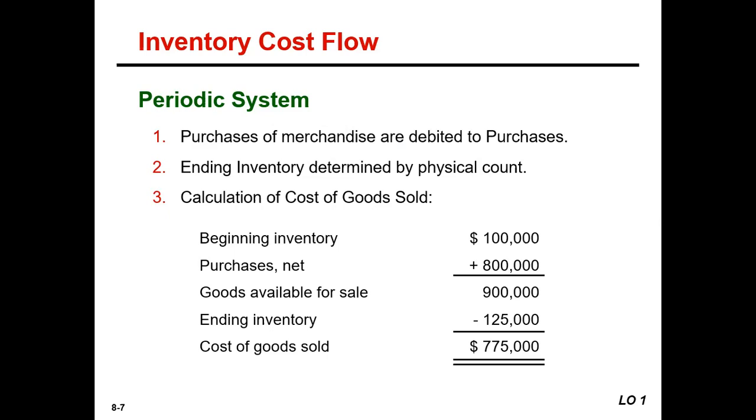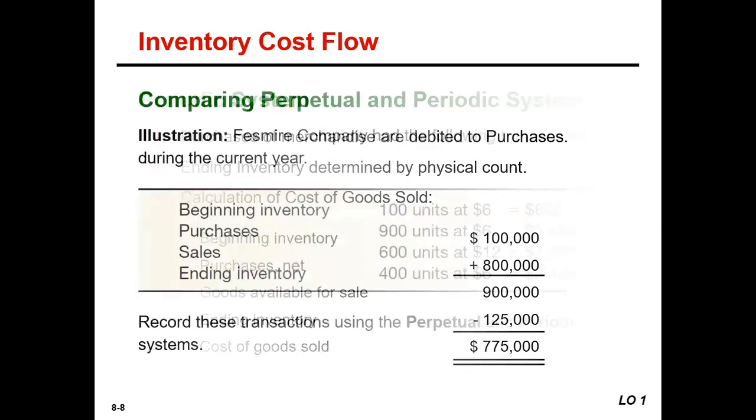Then cost of goods available for sale minus ending inventory gives us cost of goods sold. We basically do this calculation every time we calculate FIFO, LIFO, or the weighted average method. So we'll get practice doing this together several times.